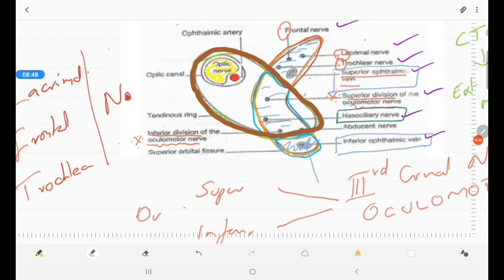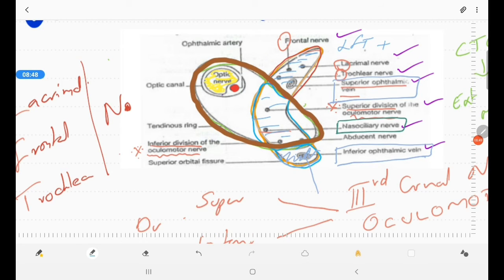The superior part contains LFT plus a vein, the superior ophthalmic vein. The inferior division has the inferior ophthalmic vein.